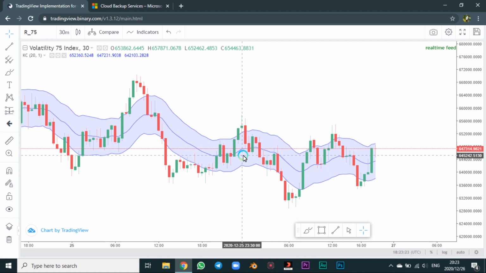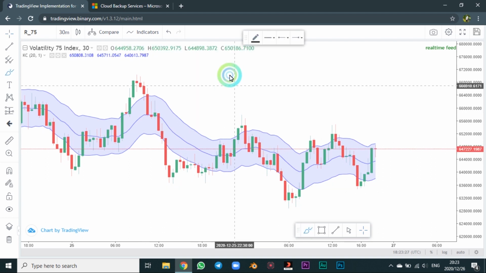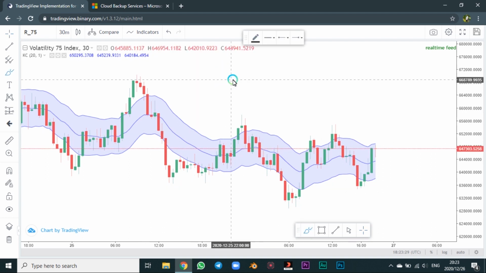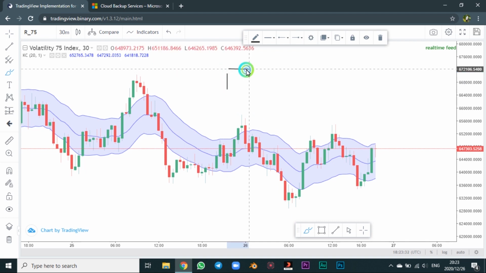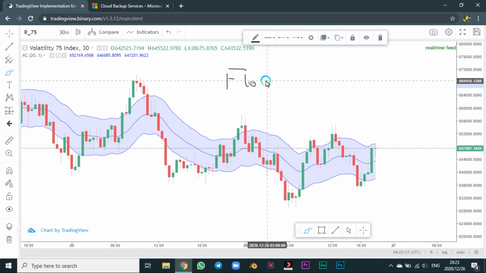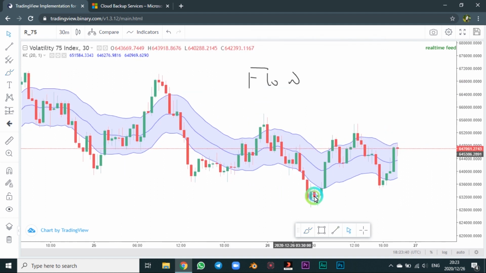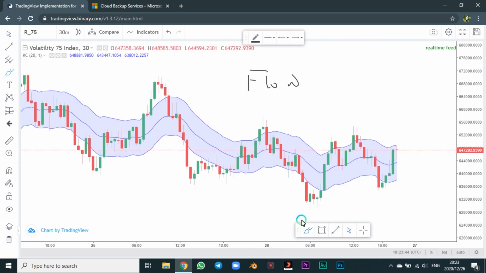Remember what I told you about volatility, that you only observe the break of the flow. Remember that statement, guys, that we only observe the break of the flow. That's the only thing we focus on in volatility.